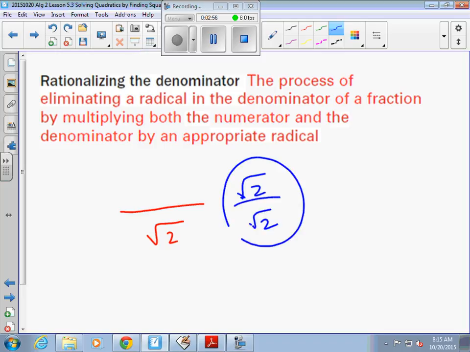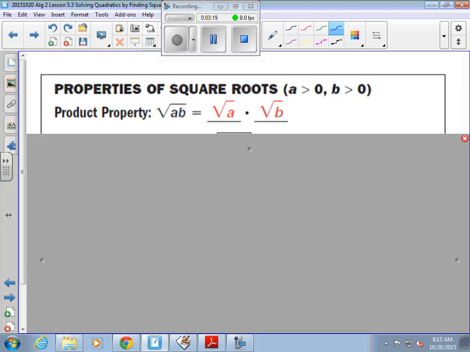In actuality, this is multiplying by the number 1 because something divided by itself is 1. So that doesn't change your problem. It just changes the form of the number, which makes it acceptable. So anytime there is a radical at the bottom that you cannot simplify completely, you need to rationalize it by multiplying by whatever it is over itself.